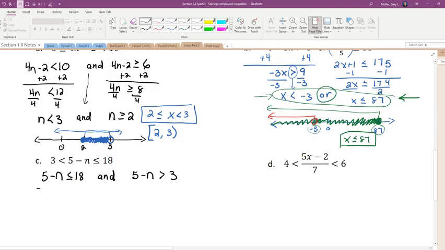So I'm going to just do my steps, paying attention to the negatives. That's 13. And divide by negative 1, which is going to give me n is greater than, I have to switch it, negative 13. Right? I'm dividing by or multiplying by negative 1 here. And I'm going to subtract 5.